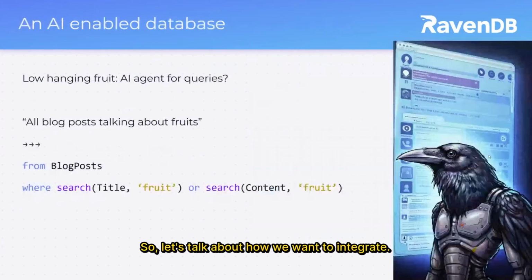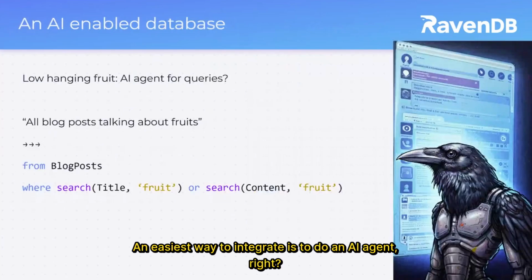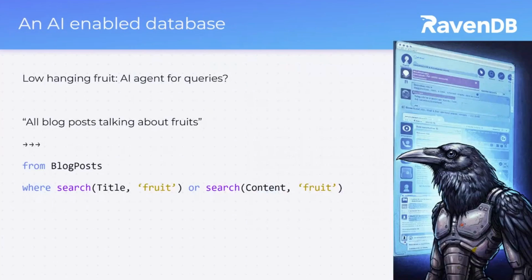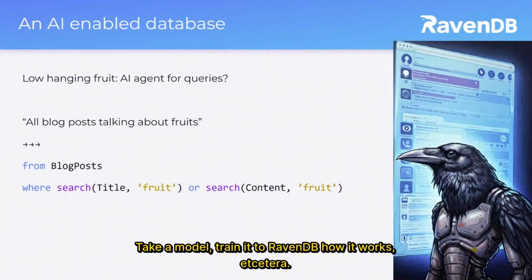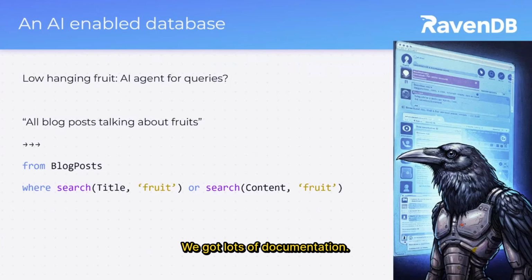So let's talk about how we want to integrate. The easiest way to integrate is to build an AI agent, right? Take a model, train it on RavenDB, how it works, etc. We have lots of documentation. Just throw that in, train it, and you're done.